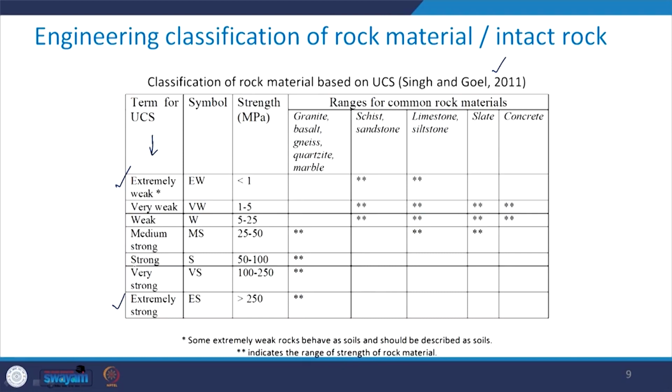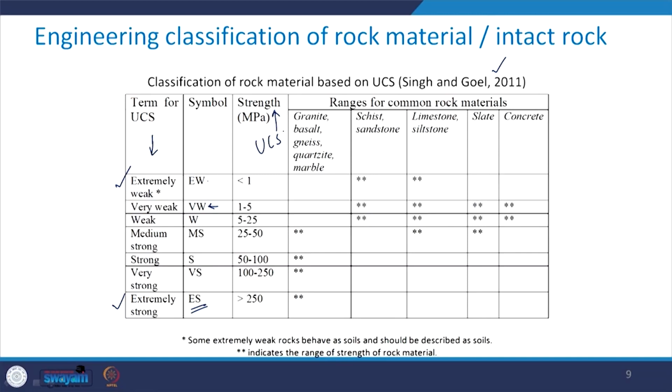And the symbol EW stands for extremely weak, VW very weak, W is weak, and likewise you have extremely strong, which is ES. Look at the strength. What is this strength? This is UCS, that is unconfined compressive strength. You know now how to obtain this strength for a rock in the lab.